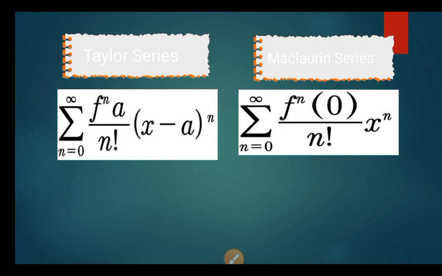Then the Maclaurin series is the summation from n equals 0 of f raised to n of 0 over n factorial, times x raised to n.